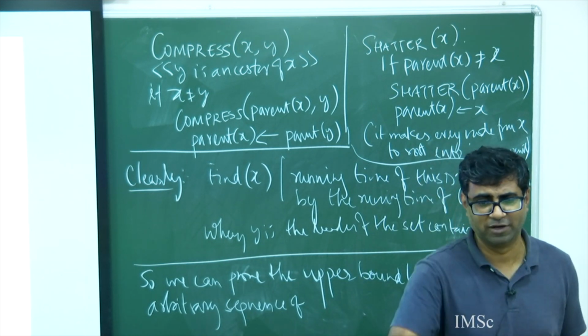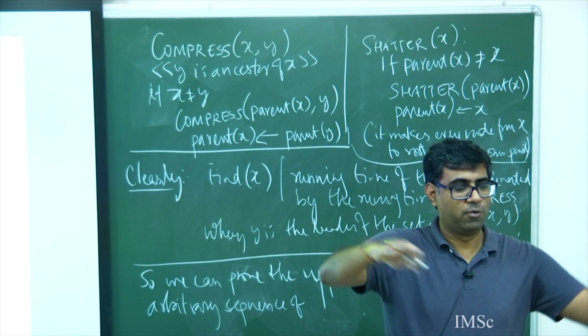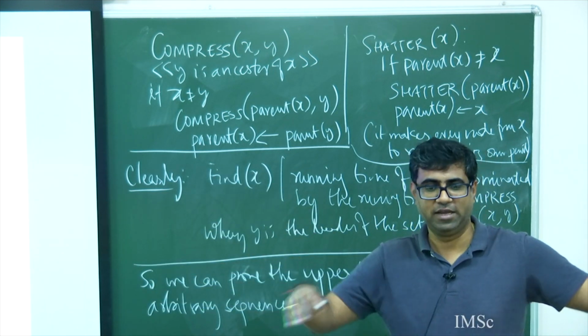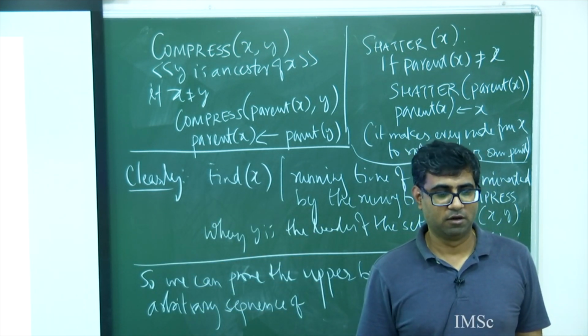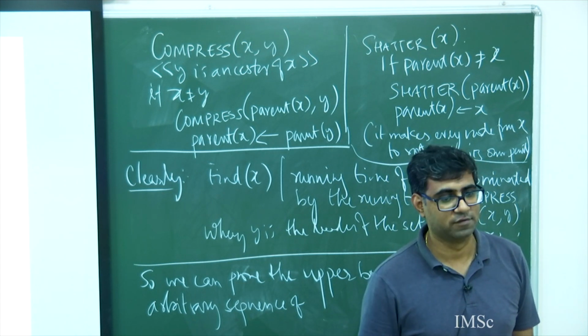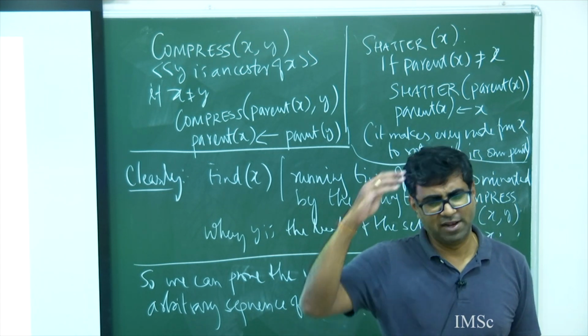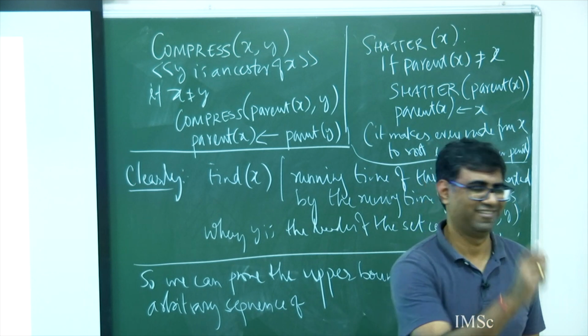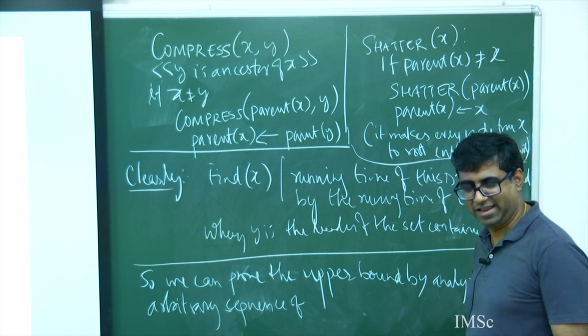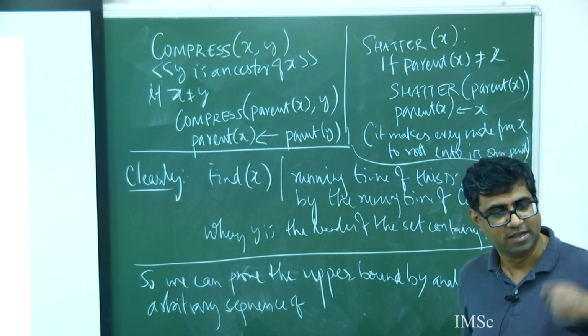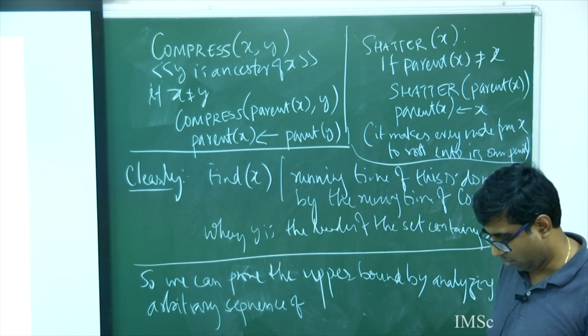So why should we care about it? Because we have to take the total amount of time taken divided by the number of operations, right, for amortized analysis, and we'll assume that m is larger than n. So little things we will not care about. It's just find and union and all this.